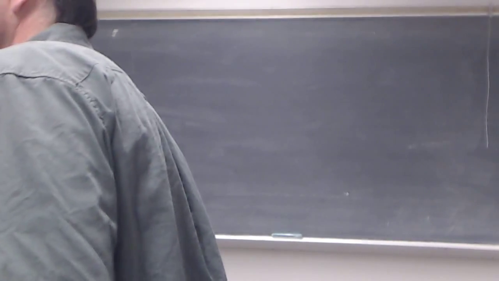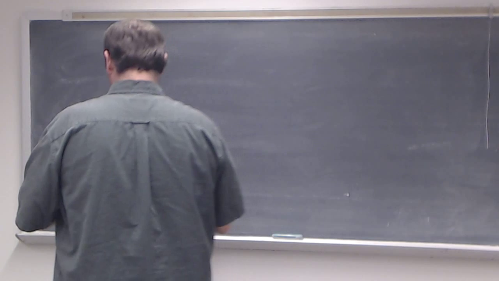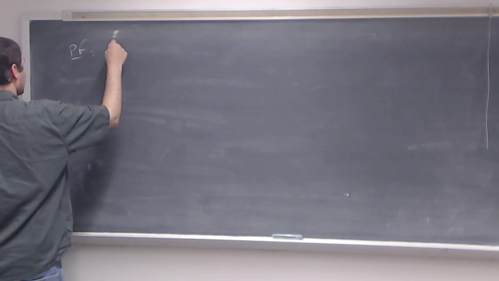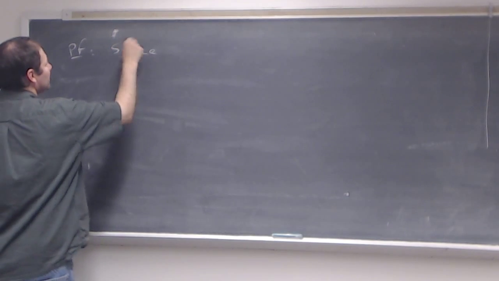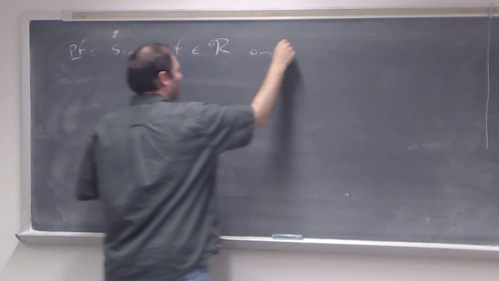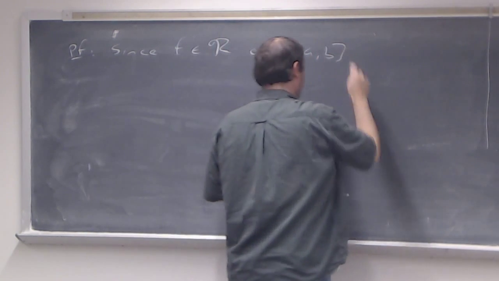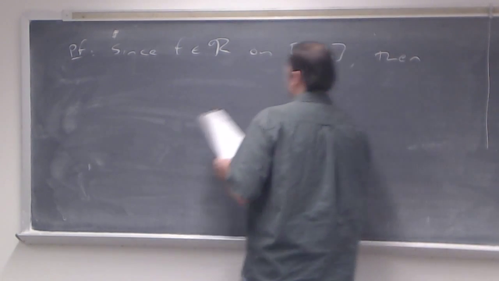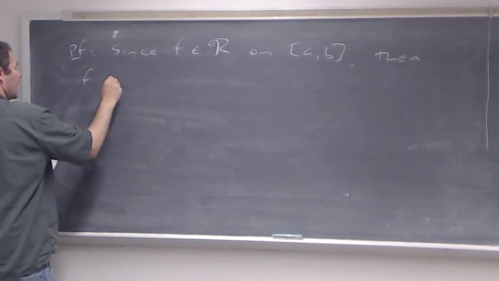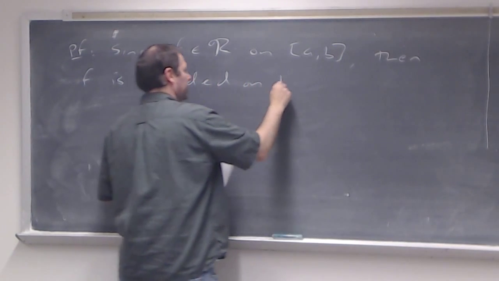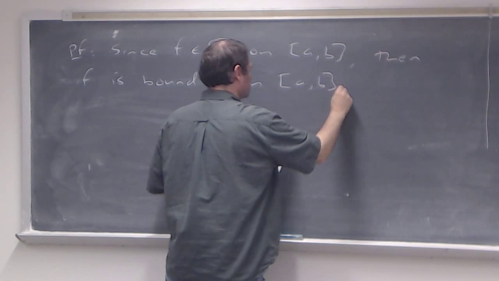Okay. Now, we'll start off with the assumption that f is a Riemann integrable function on [a, b]. Since that's one of the hypotheses of the statement, we know f is bounded on [a, b].